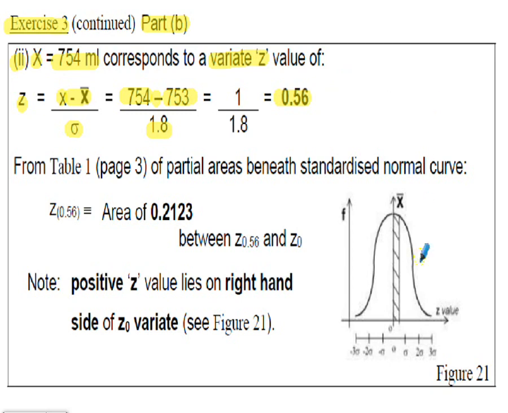That's positive, so that's on the right hand side of the diagram, to the right of the z is equal to 0 value. From our table of partial areas, we find the area associated with a z of 0.56 is 0.2123. We can check that from our table.